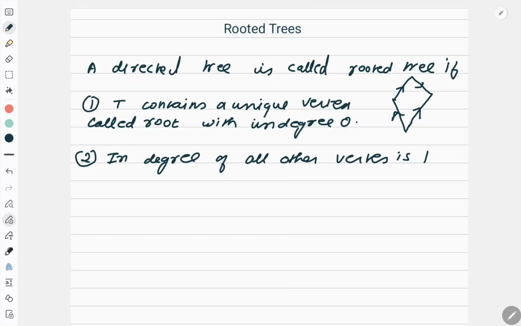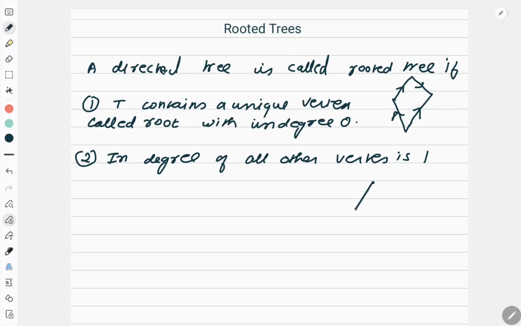Now understand this concept first. When you remember definitions in points, it is easy to memorize them without skipping the main important terms. Now, the very first thing when I am defining a directed tree: all of you must remember what exactly a tree is.